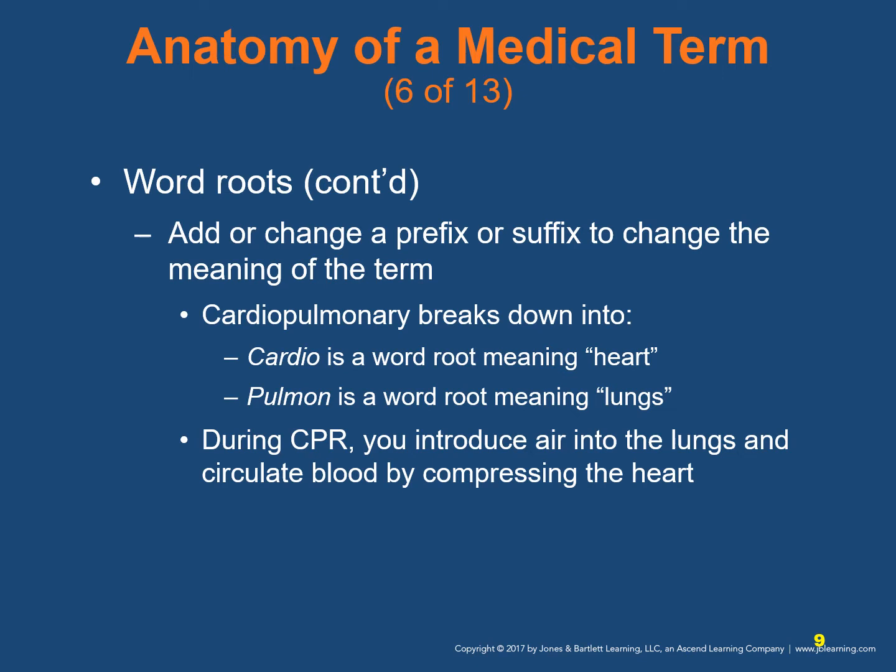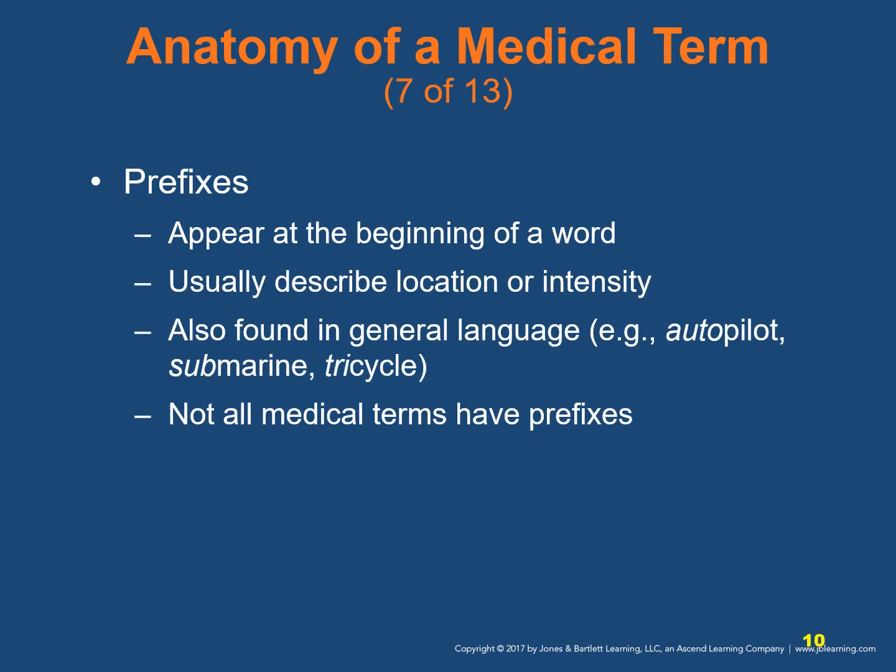Some word roots may be used as prefixes or suffixes for other terms. A prefix is the part of a term that appears at the beginning of a word. Prefixes usually describe location and/or intensity. Prefixes are found in general language, i.e. autopilot, submarine, tricycle, as well as in medical and scientific terminology.